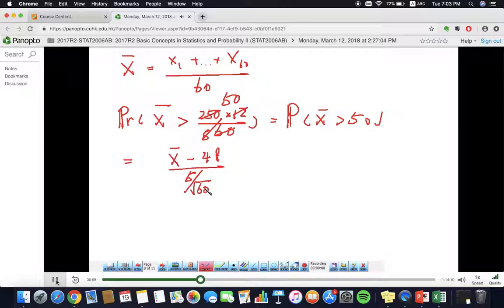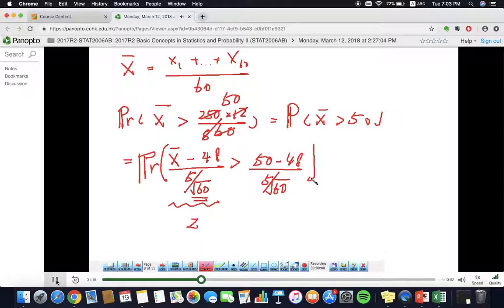I think people usually make mistakes by missing this. And then bigger than 50 minus 48, and do the same thing here. This becomes a standardized normal random variable, and then you check out the table and you get the number.